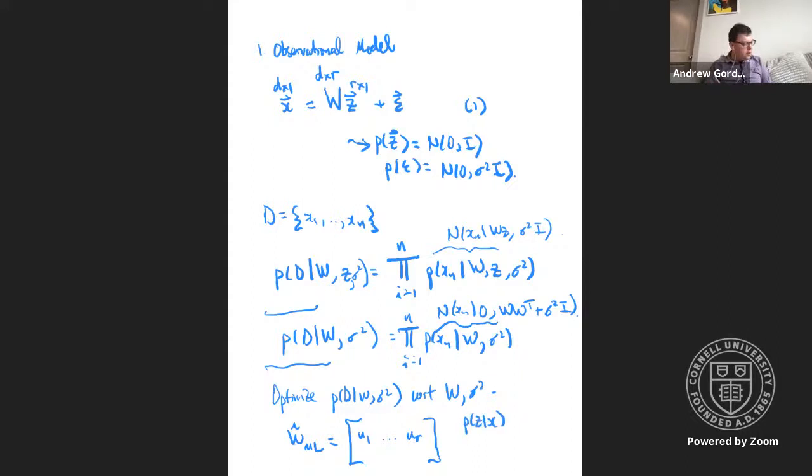And it turns out if we also condition on W hat ML, that's going to be a Gaussian, and its mean is equal to W transpose X. So we see that basically we get these eigenvectors and their inner products with X for any data point X is our mean. And then we get also an expression here for a covariance matrix. So this is a probabilistic rederivation of principal components analysis.